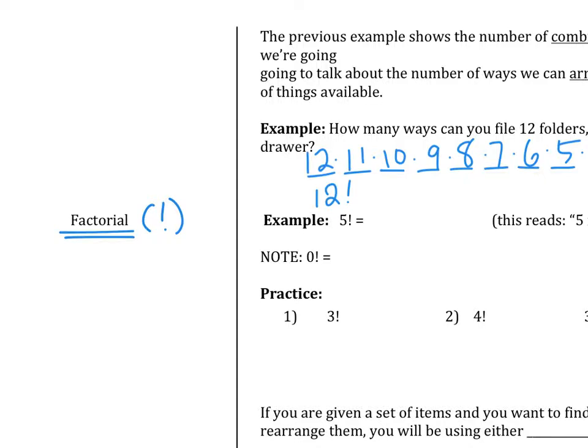There's a factorial sign. Okay, so find the factorial button on your calculator. The way you read it is 12 factorial. And that's going to give you the answer instead of typing everything out.